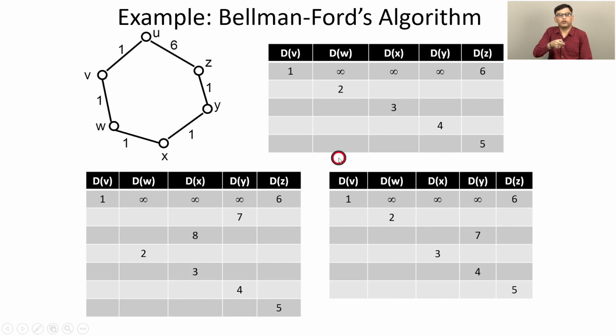The node to which a node must send a packet to achieve the shortest path cost can also be similarly stored. We'll omit the details. For example, in this example, W knows that it must send its packet to V to reach U by the shortest path, and so on. So Bellman-Ford's algorithm allows us to find the shortest path costs as well as the shortest paths themselves.